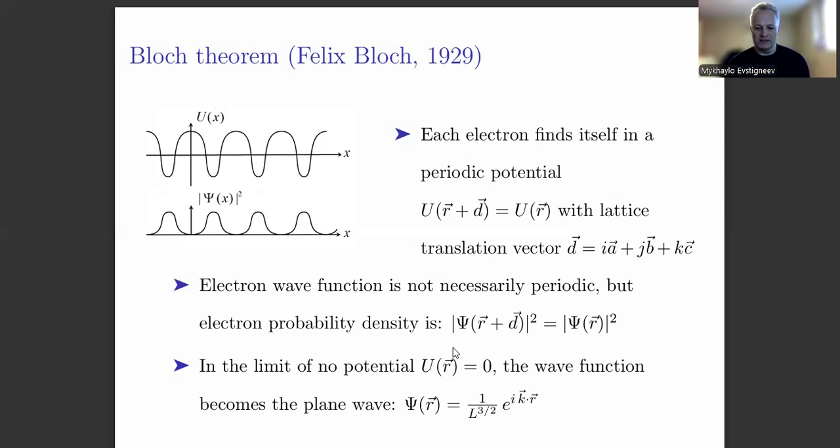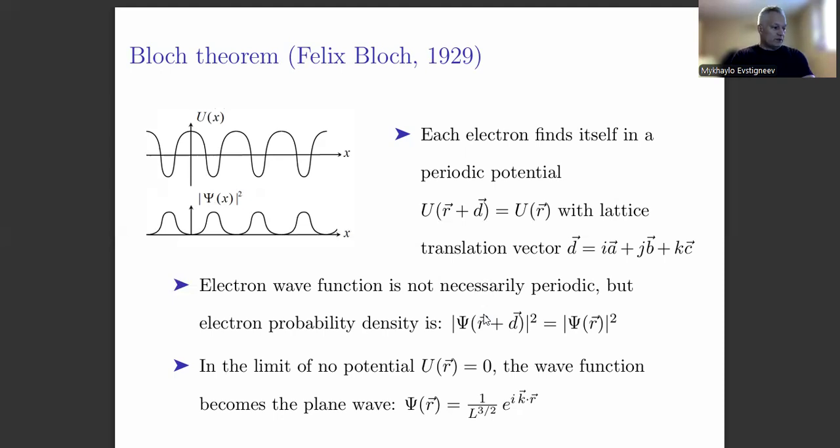So if you replace the position R with R plus any translation vector D, then the modulus squared of the wave function will not change. This is one statement that we can make about the solutions of the time-independent Schrödinger equation: the modulus squared of the wave function has the periodicity of the crystal lattice.